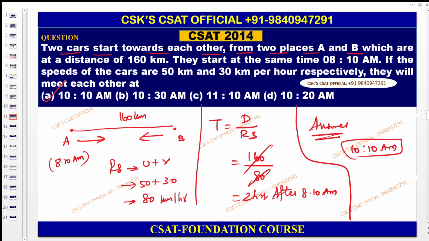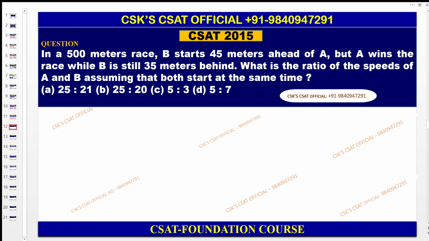Next question. In a 500-meter race, B starts 45 meters ahead of A. This is A, and the distance ahead of A is here, so here is B. A wins the race.